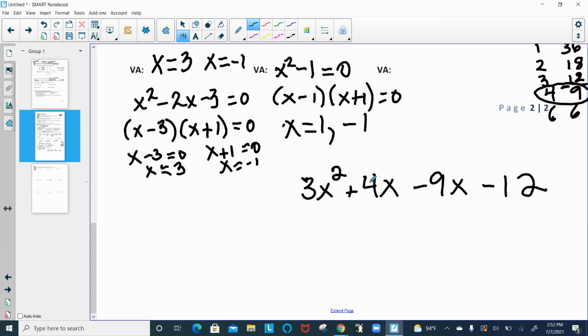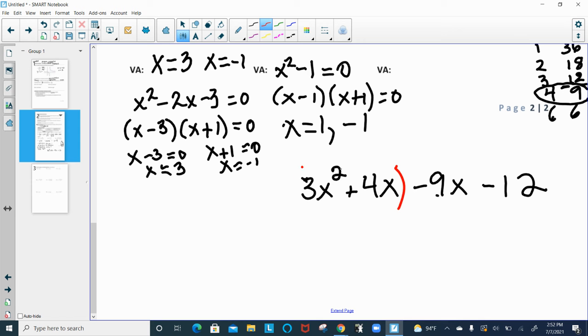The 4 gets an x, the negative 9 gets an x. Now, why did I do that? Well, I want to be able to factor by grouping. So I need 4 things. I need to be able to group into groups of 2 in order to do that.